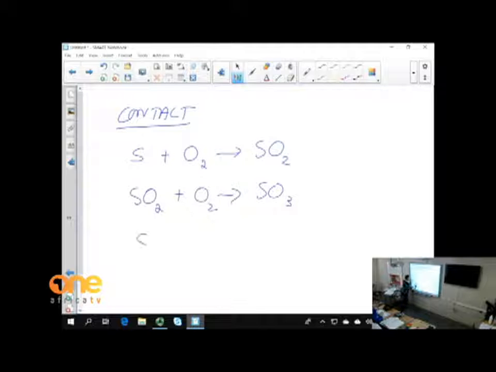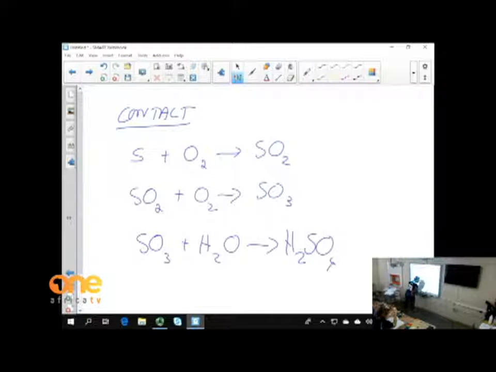And if we add sulfur trioxide to water, we will get sulfuric acid. Although it's never just as simple as that. Okay? There are some particular problems that we experience with this reaction, and I'm going to just go through the book as it is written there.